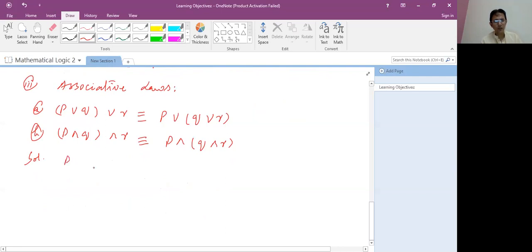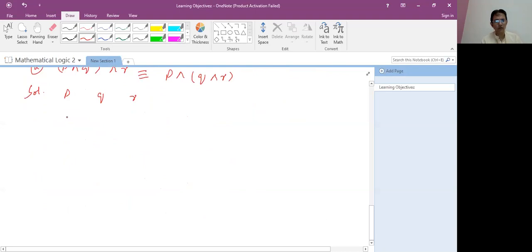So first we will discuss P, Q, R. It has three variables, so we will use the formula when we make a table: 2 raised to the power 3 is 8. It means we will make 3 columns and take 8 values.